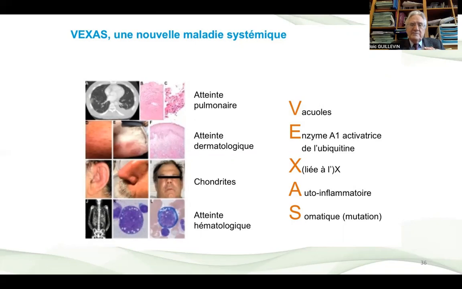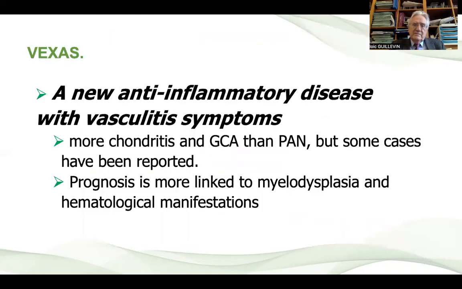It is a disease which is present in men, but now we have some women. It is an autoinflammatory disease, and there is a somatic mutation. The patients with VEXAS have symptoms of vasculitis, but it is more chondritis and GCA than PN.